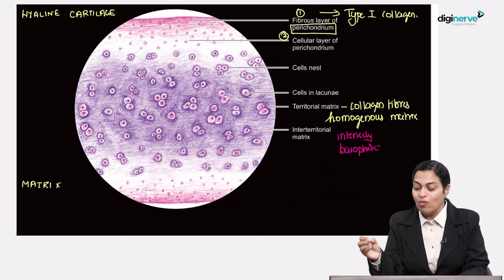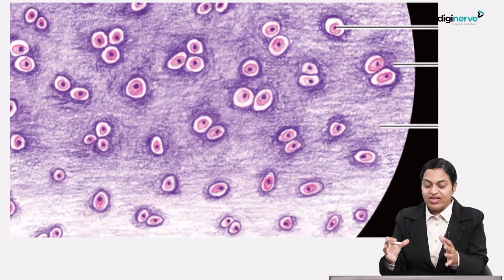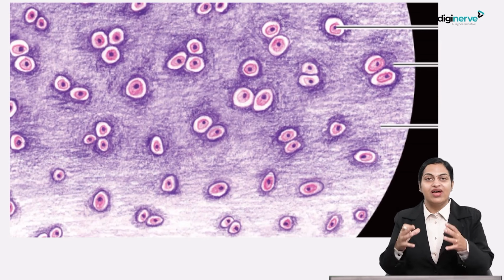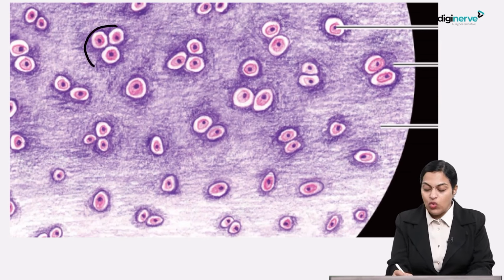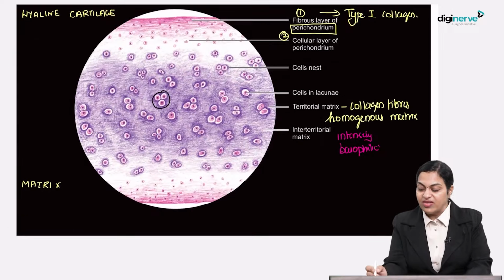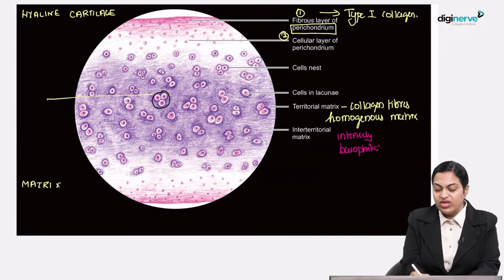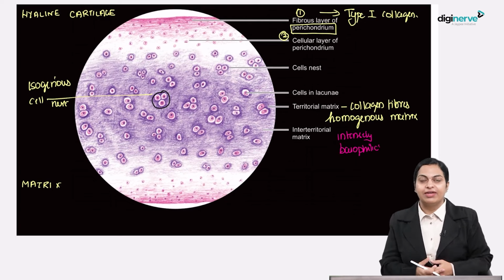Coming to the cellular component, that is also interesting. Can you appreciate the cells are not singly placed, but they are arranged as groups, and we call them isogenous cell nests. The daughter cells, which are derived from the parent cell by mitosis, remain close to the parent cell, and this is called an isogenous cell nest. Very characteristic of hyaline cartilage.